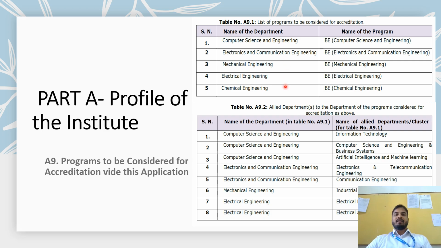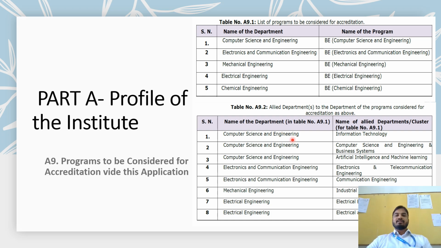Under the same heading, under table 9.2, we need to add the details of allied departments as well. You can get the details of these allied departments as an annexure in the SAR of Tier 1 for July 2024, which is available on the NBA website or also in the Gazette notification given by AICTE and your relevant universities.